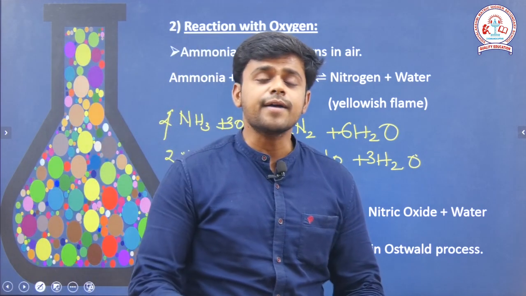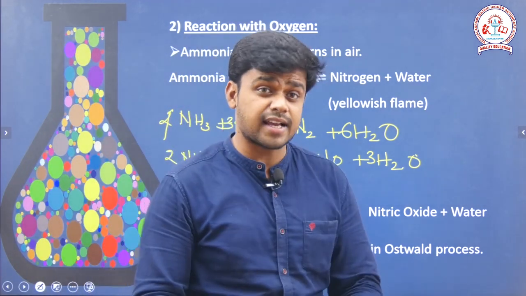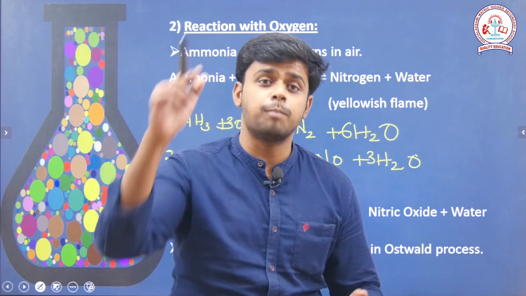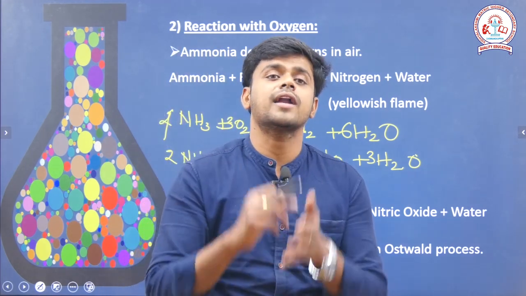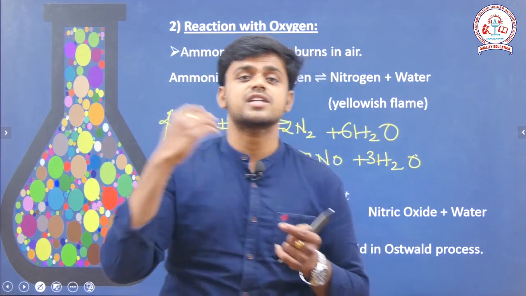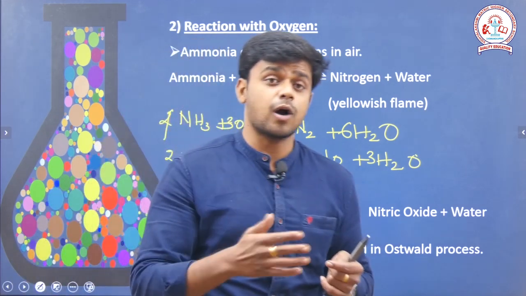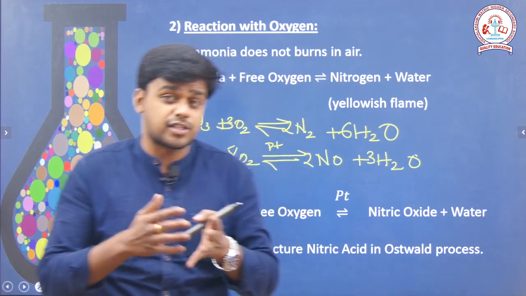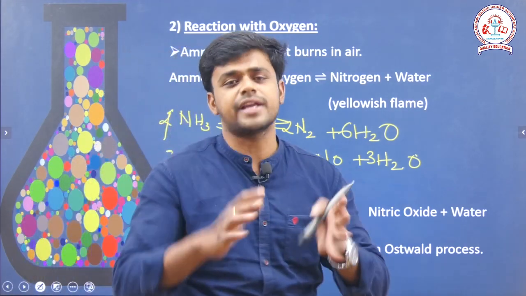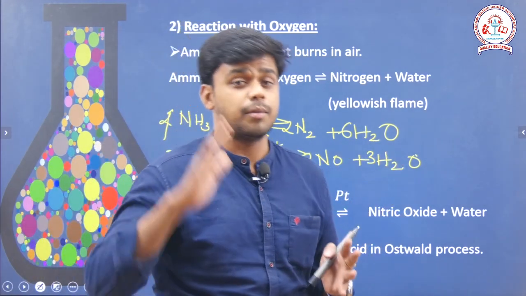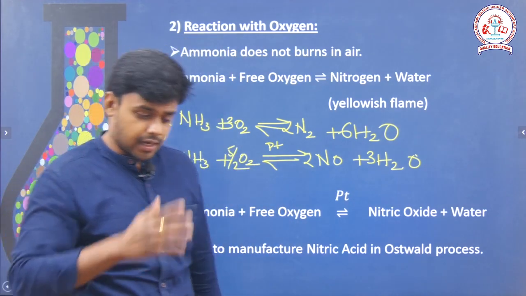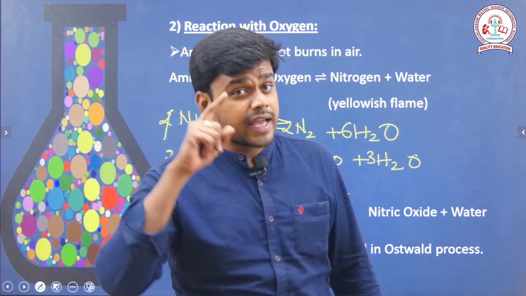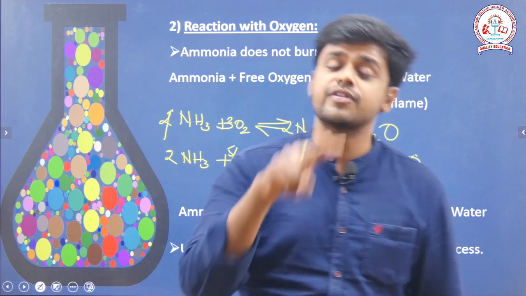And the nitric oxide that has been produced in this reaction will be taken up by a process called the Ostwald process to manufacture nitric acid. So that's what it actually means. Don't forget, this ammonia burns with free oxygen in the presence of a catalyst or in the absence of a catalyst also.